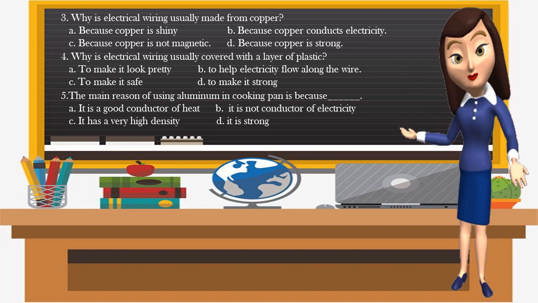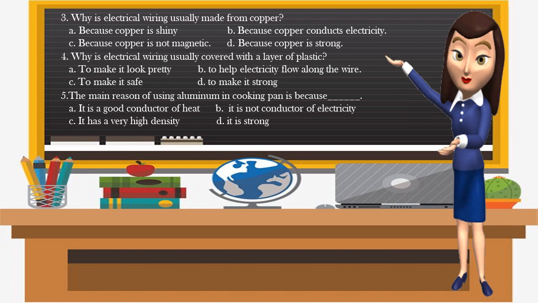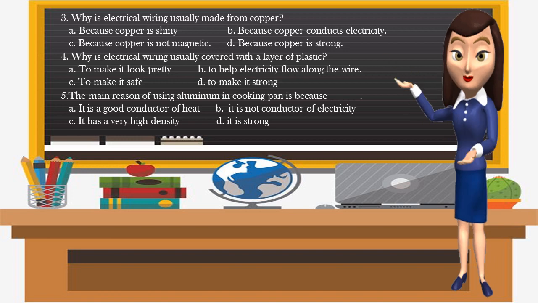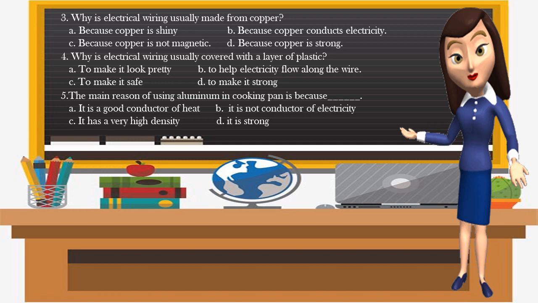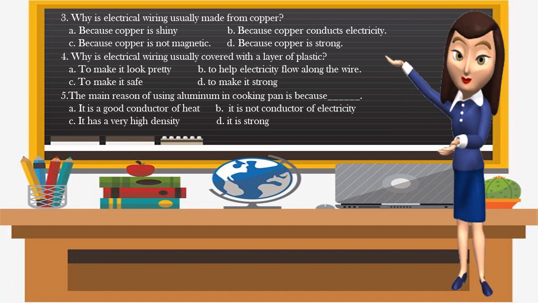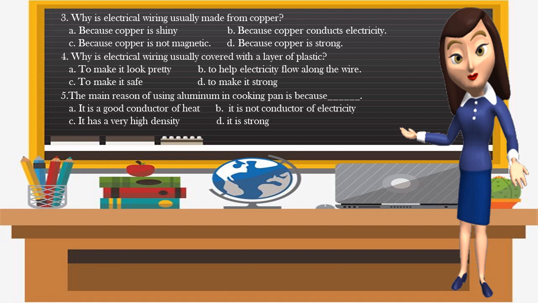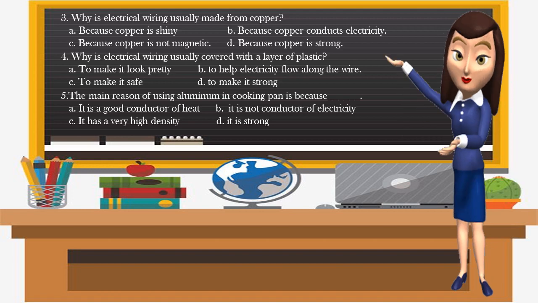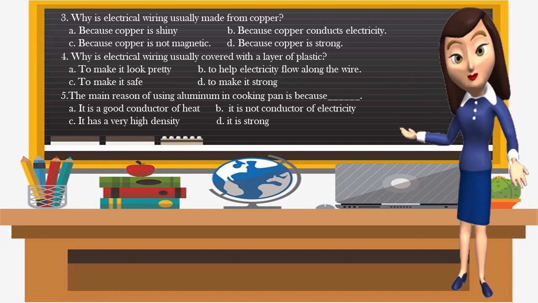The main reason of using aluminum in cooking pan is because blank. A. It is a good conductor of heat. B. It is not a conductor of electricity. C. It has a very high density. D. It is strong.